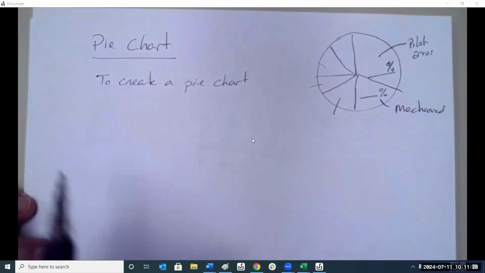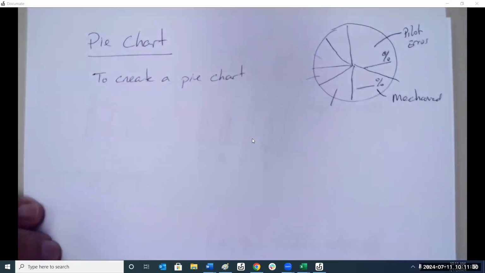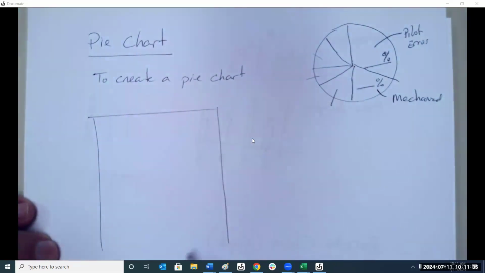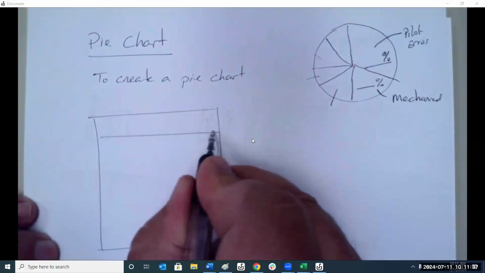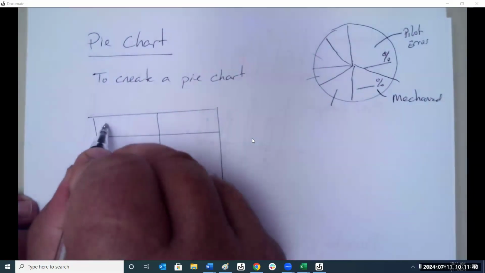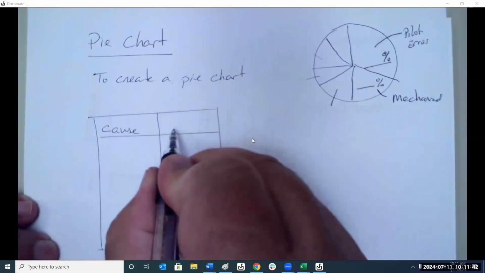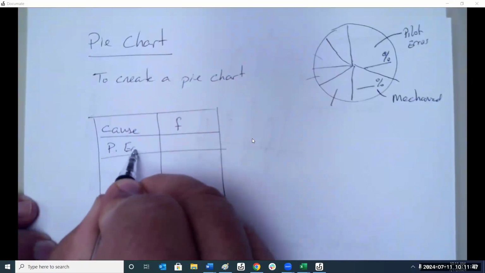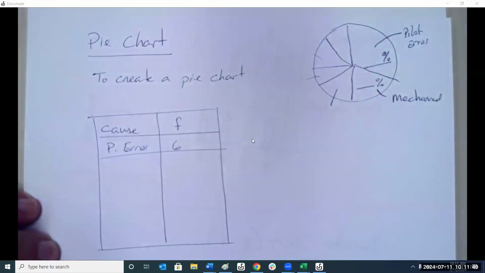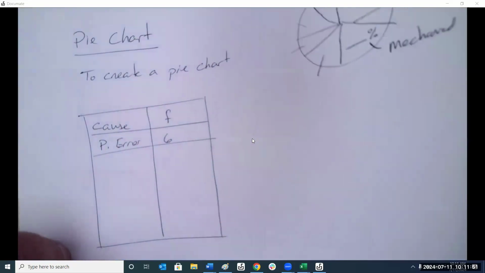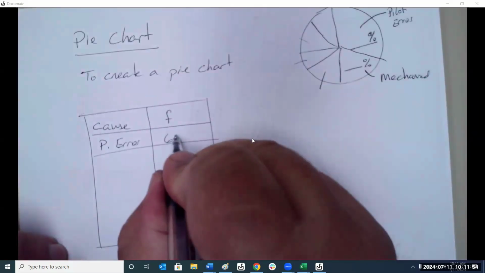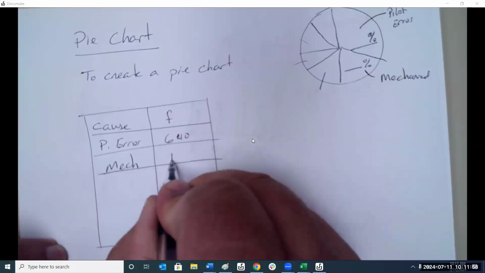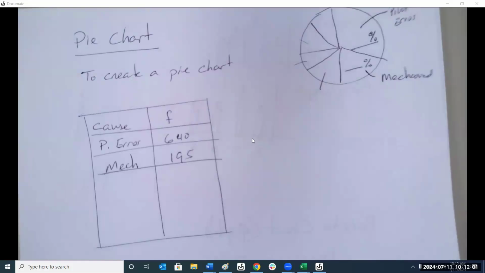Let's go back to look at our data. Here we have our cause, the frequency. Pilot error is 640. Mechanical is 195.